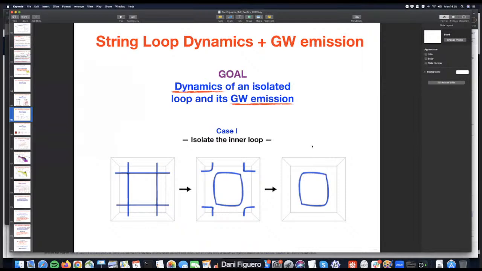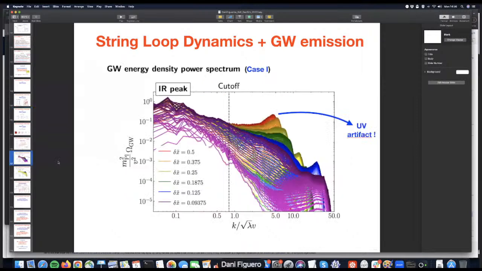Well, if you know the theory from Nambu-Goto, when you have a cusp in Nambu-Goto, it tells you that you have a concentration of emission of gravitational waves around that cusp. That's what Nambu-Goto predicts. Now, when we have these cusps in this kind of square type of loop, we thought initially that this kind of emission, this peak, was really related to the cusp.